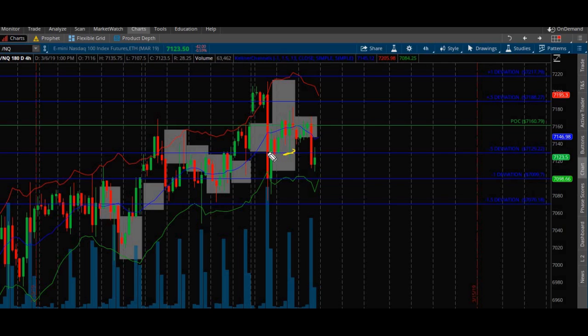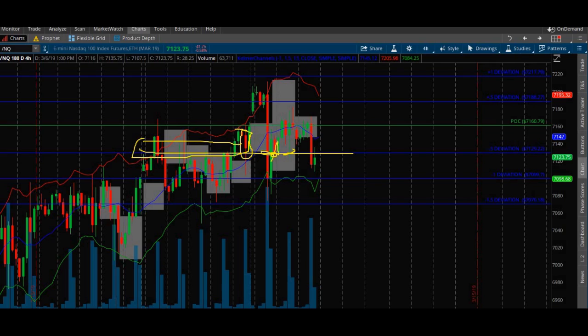We broke through it, but we came back and then we used it as demand, right? And then back in here last week, we used it for demand right here, and we also used it for supply in the past. So it was a pretty significant line. I love structure. That's my thing.